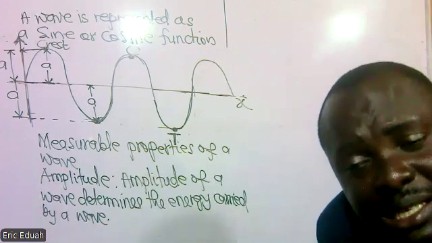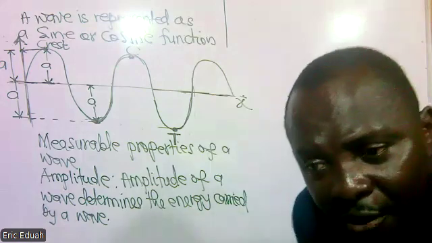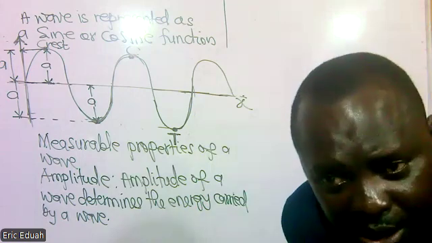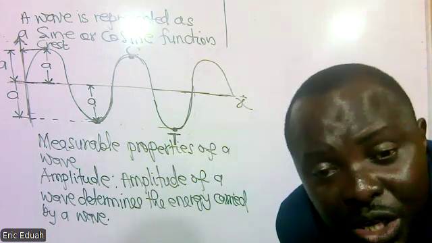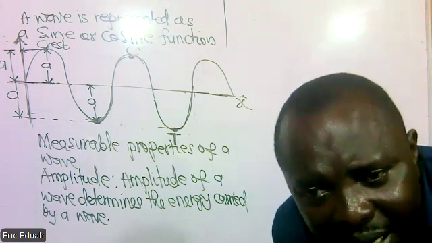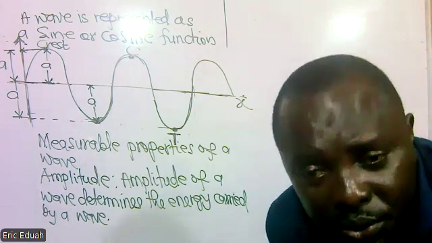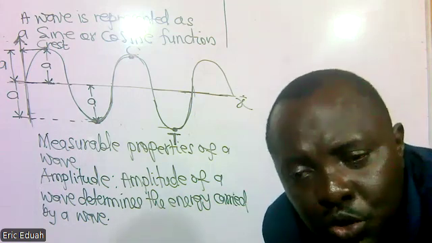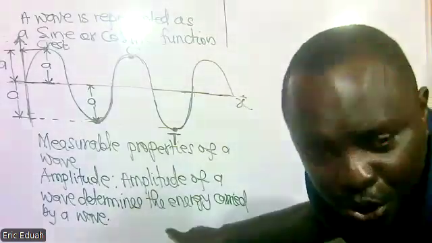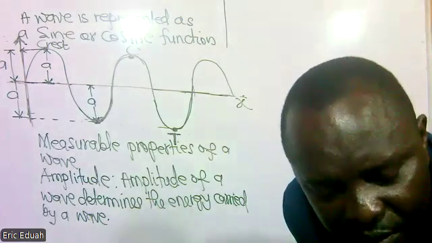So when you realize that the height of the wave from the water surface is so high, you will decide to run away. Why are you running away? Because you think that thing comes with a lot of strength, energy. So if you don't run away, it can displace you and get you drowned. So if you want to measure the energy carried by a wave, it is the amplitude. The amplitude of the wave determines the energy it carries.